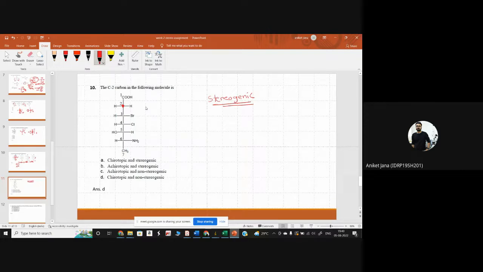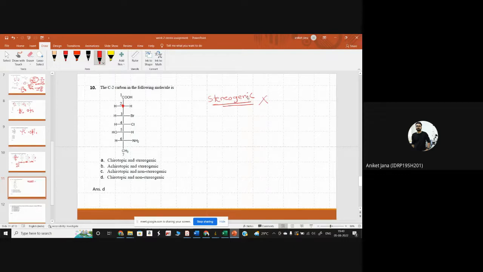Is this center stereogenic? No. Why not? On the other side it has hydrogen. The two groups are hydrogen. If we change the position of the two hydrogens, it will not create any new stereoisomer. So it is non-stereogenic.